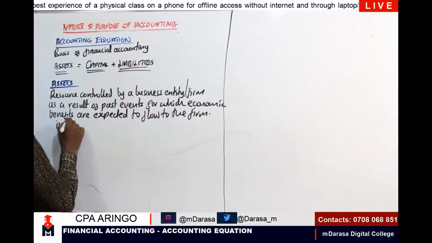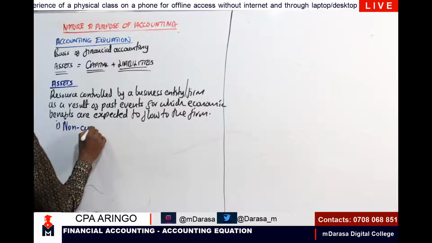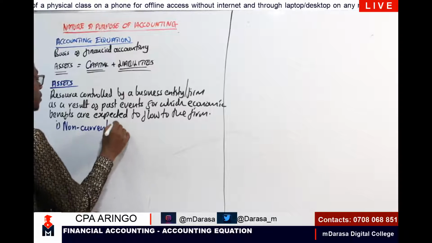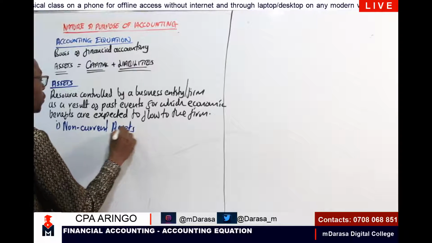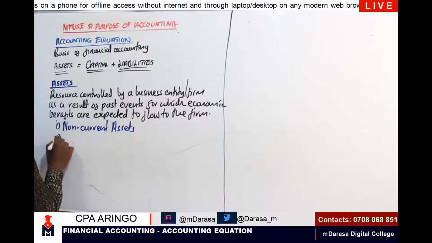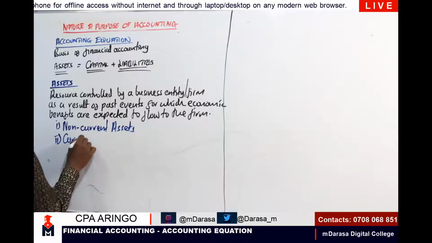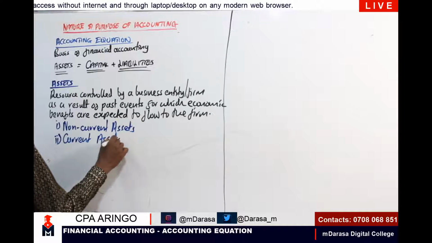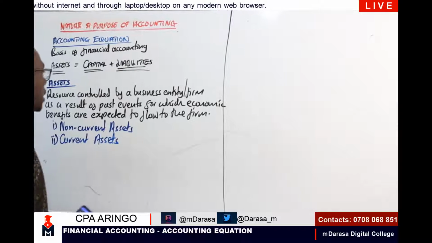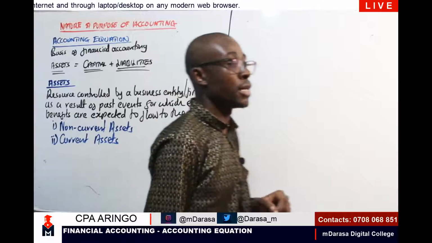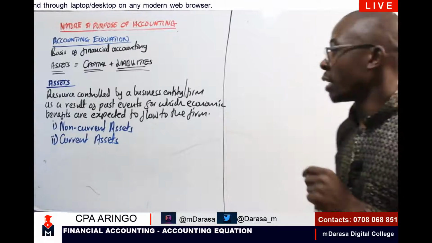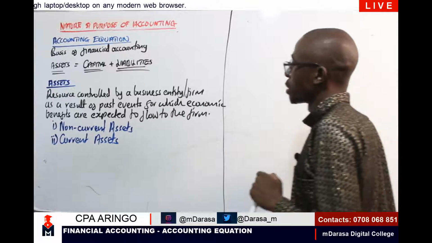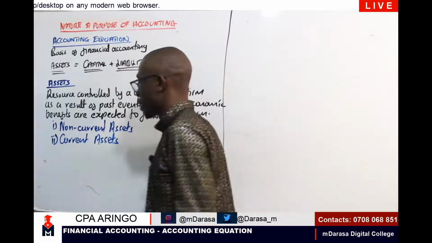These are, number one, non-current assets, and number two, we normally tend to talk of current assets. So classification of assets is into two: non-current assets as well as current assets.